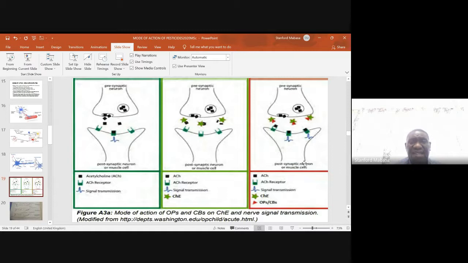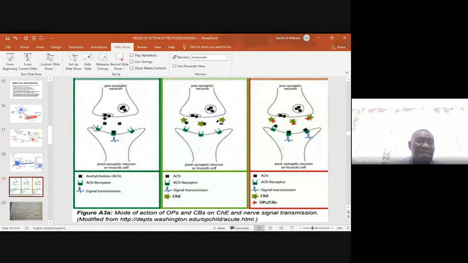Here I've got a diagram of the synapse, or the junction of the nervous system. On our left here, we have acetylcholine represented by that black box. And here we have the acetylcholine receptor.